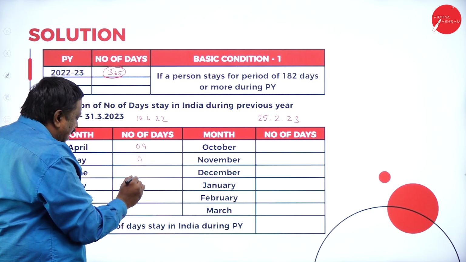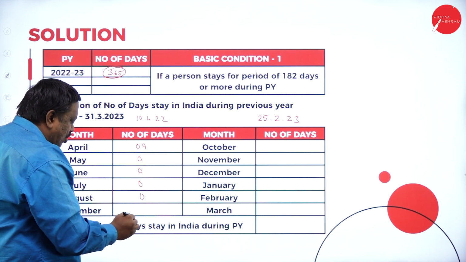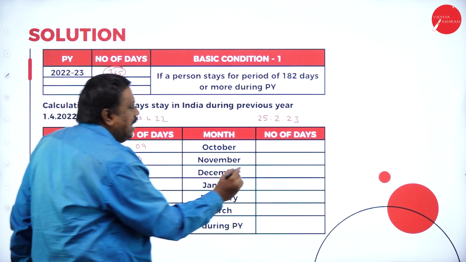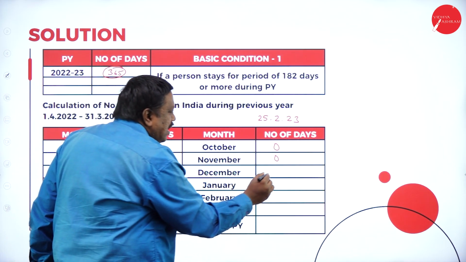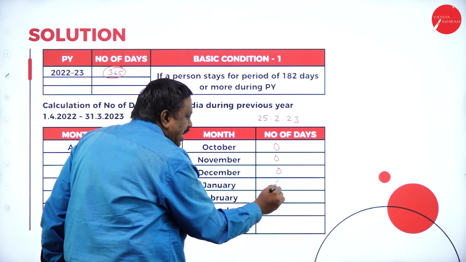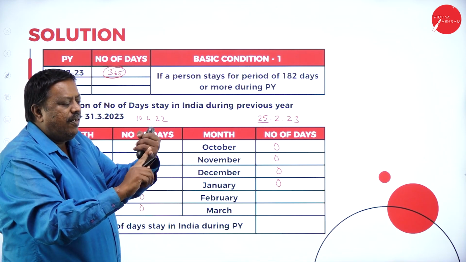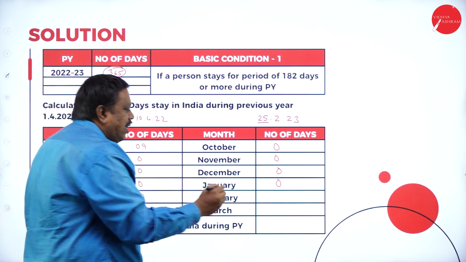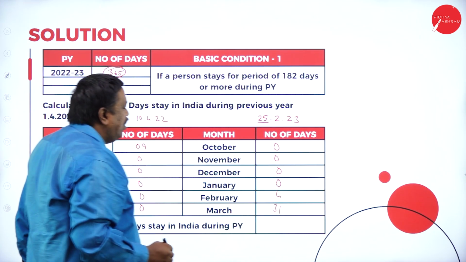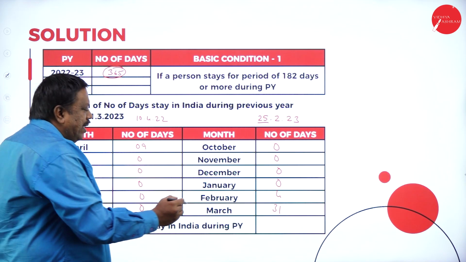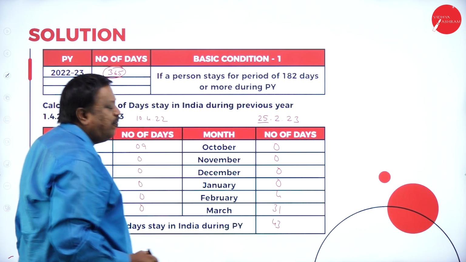May, June, July, August, September, October, November, December, January, I was not in India. February 25th, means 25th, 26th, 27th, 28th, I was in India for 4 days in February and 31 days in the month of March. So totally, I was in India for a period of 43 days.